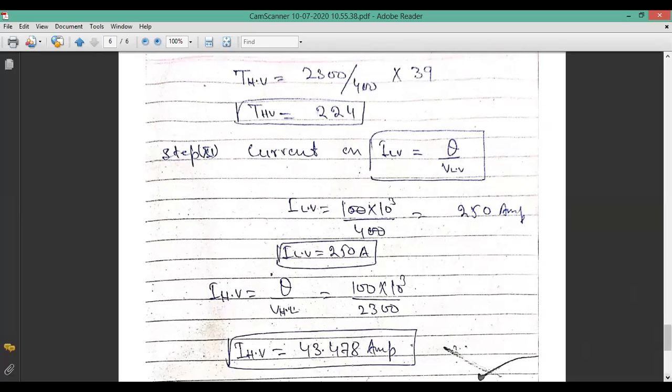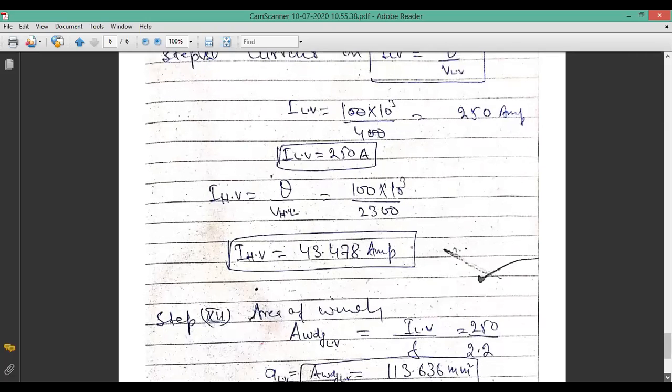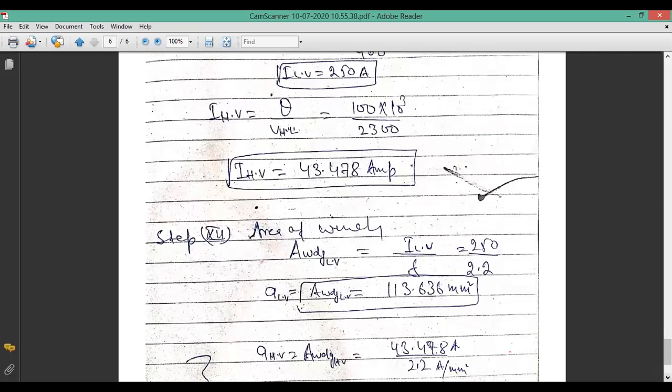After that, what we have to do, we have to calculate the area of the low voltage side as well as the area of the high voltage side. So area of the low voltage will be ILV upon current density. 113.63. Absolutely right. And what is the area of the high voltage side?